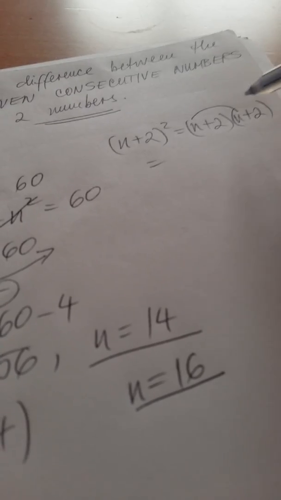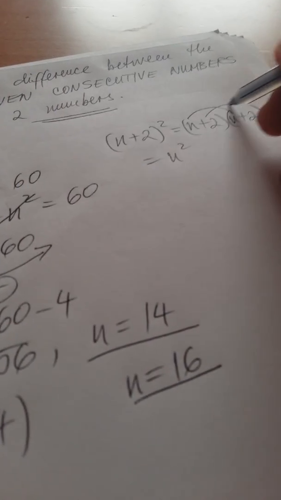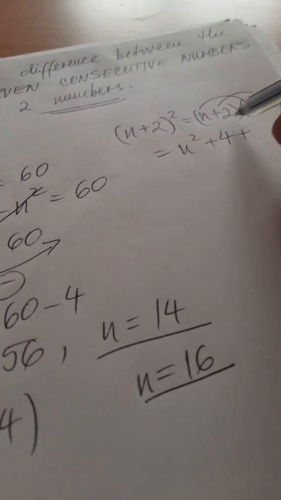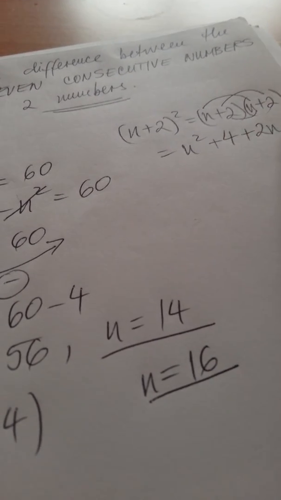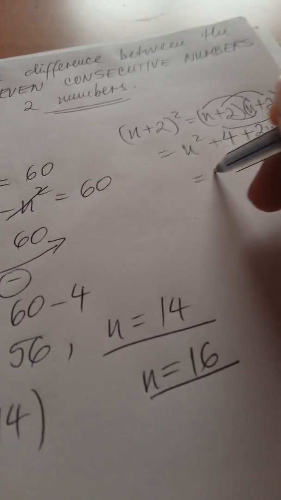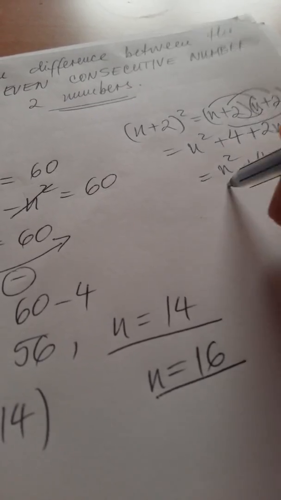So if we do the eyebrows first, n times n is n squared, plus 2 times 2, which is 4, and then the mouth, which is 2n, plus the chin, which is the other 2n. So that will give us n squared plus 4n plus 4.